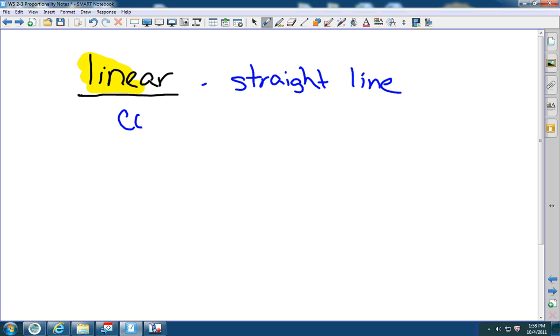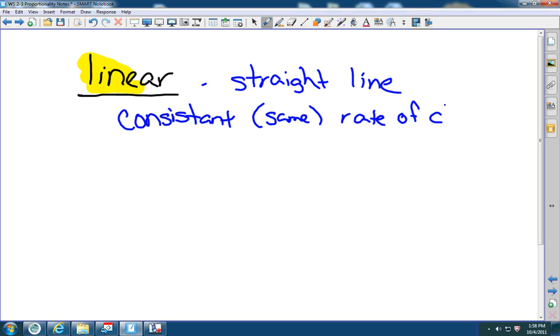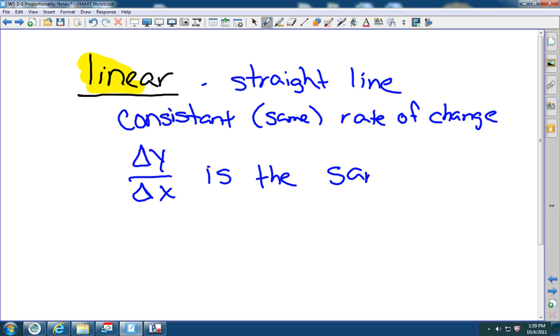That there is a consistent, how about I put same, rate of change. I'm saying that delta y divided by delta x is the same. That's all that linear means.